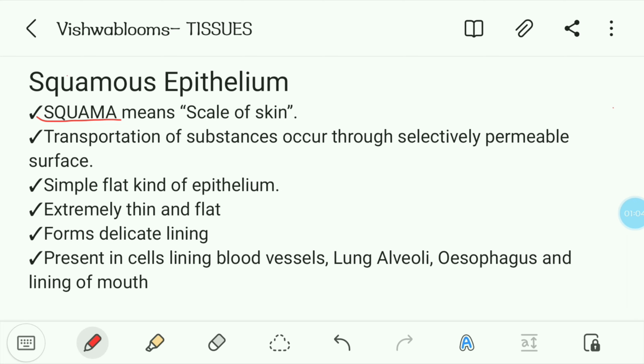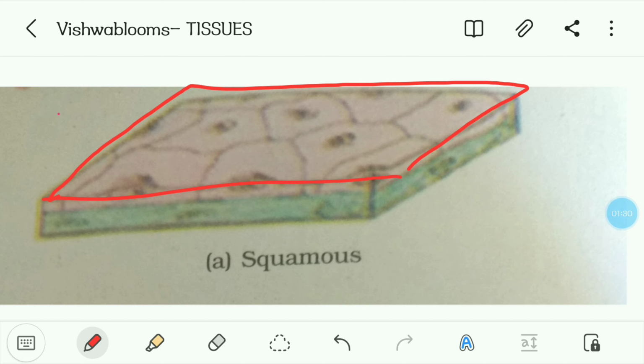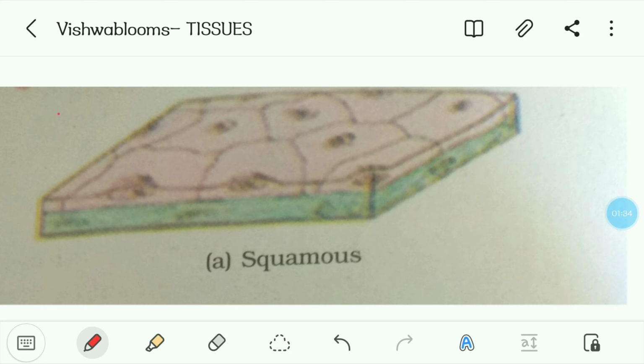It is present in the lining of blood vessels, in the lung alveoli and esophagus, and the lining of the mouth is also squamous epithelium. Now let's have a look at squamous epithelium. You can see the squamous is very thin, right? Only one layer is there. It is thin and flat. So this is squamous.